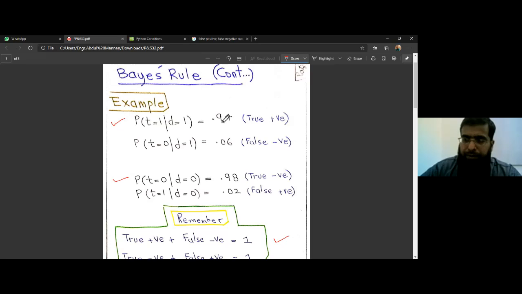So we can find this false negative easily by subtracting this 0.94 from 1, because we know that true positive and false negative sum to 1. So this is what we have computed.